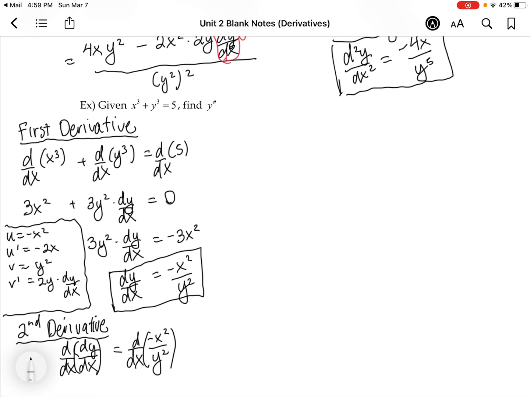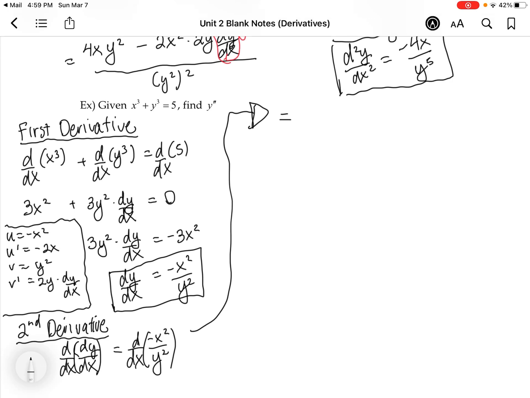Okay, so now I'm going to go up here. Probably should have given you guys more space for this one. And I'm going to differentiate the right side using the quotient law. So that is u prime v minus u v prime over v squared.